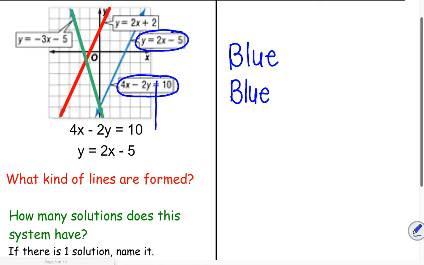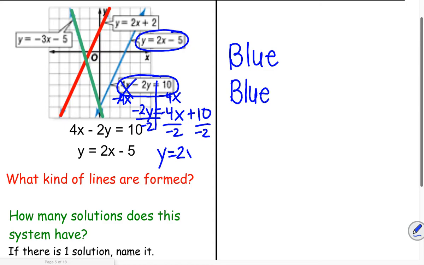If I get this into slope-intercept form, we'll have y equals 2x minus 5. So this matches that.